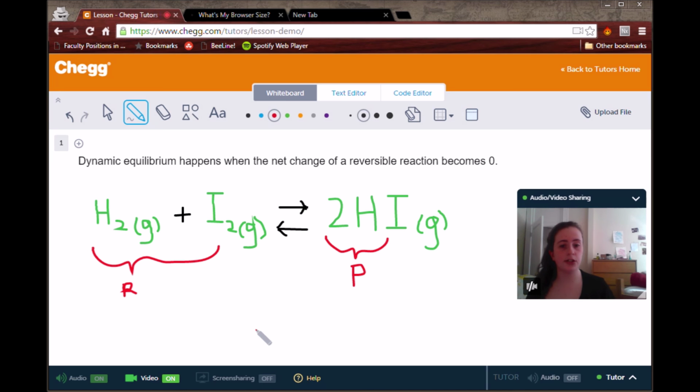So two HI molecules interact with each other to make a molecule of hydrogen gas and a molecule of iodine gas as well. And as that starts to happen, you get a little less HI, and then that's less likely to happen too. So what dynamic equilibrium is all about is the balance point between the two.